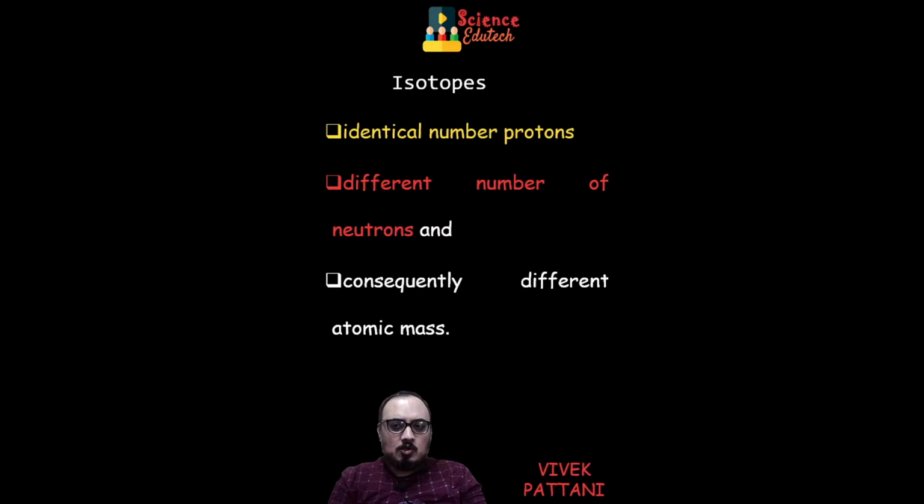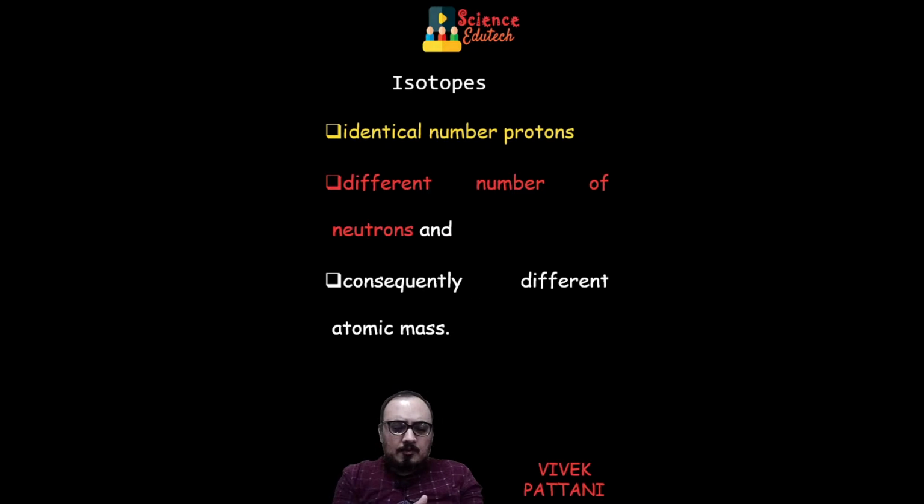So what are isotopes? Isotopes are basically the atoms of a given element with an identical number of protons but a different number of neutrons, and therefore have the same chemical characters but different atomic mass.